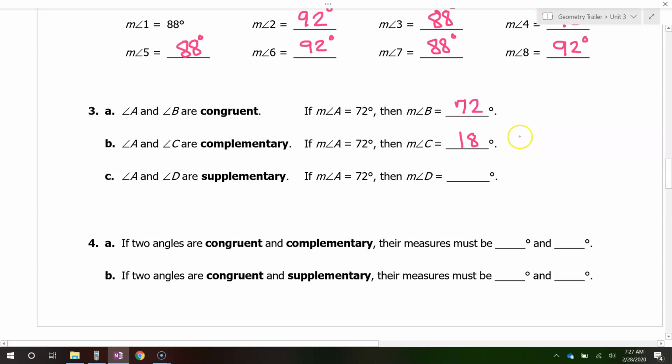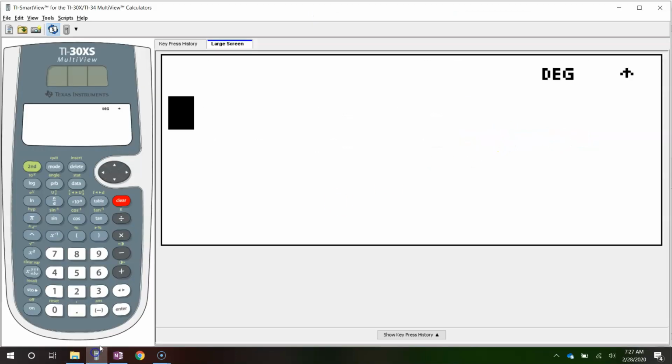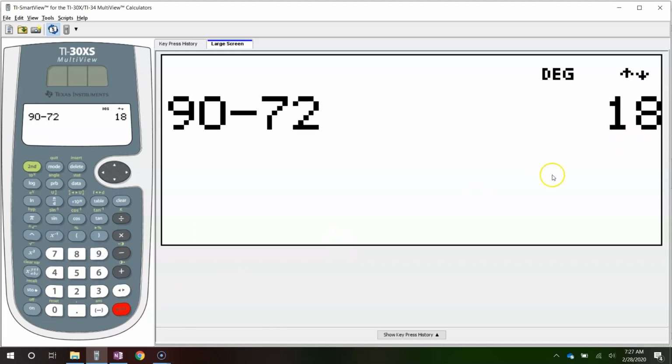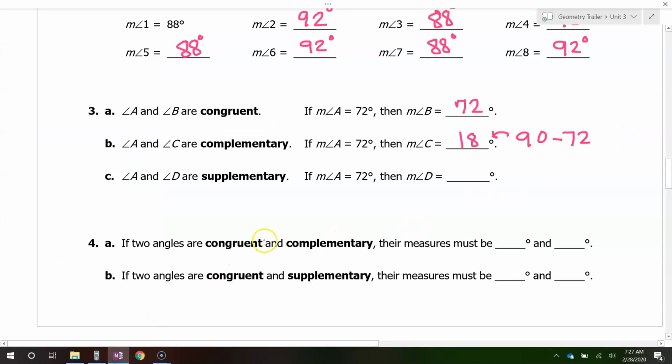Complementary means they add up to 90 degrees. So we have to do 90 minus 72. That's why we're getting 18 degrees.